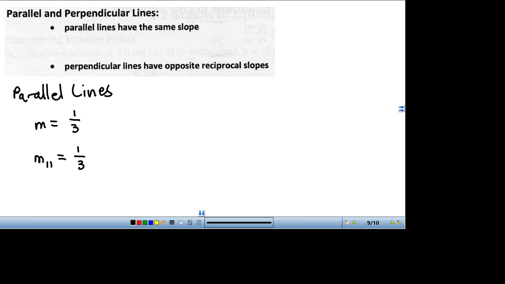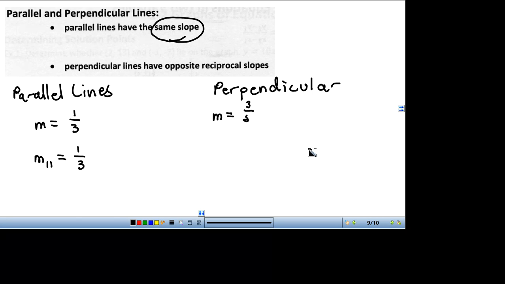Why? Because they have the same slope. But if I have perpendicular lines and m is the slope of, I don't know, let's say it's 3/5.